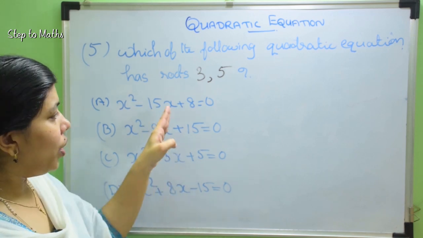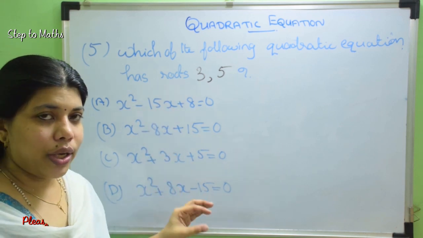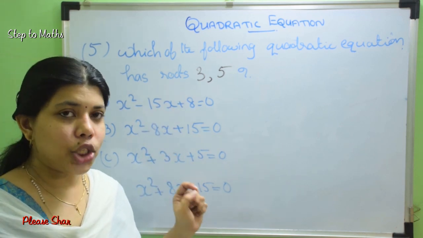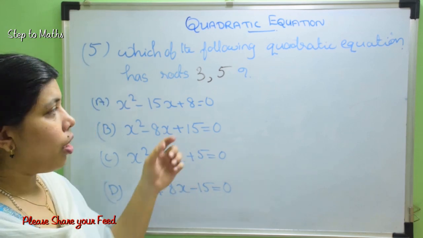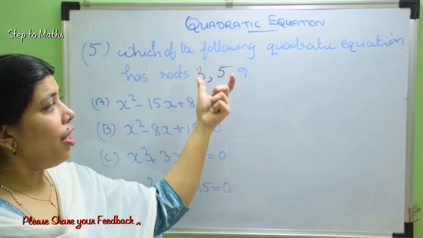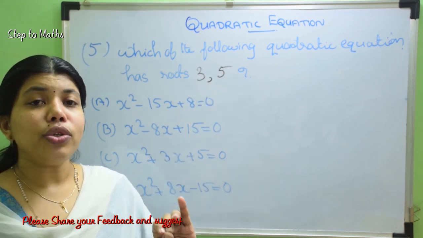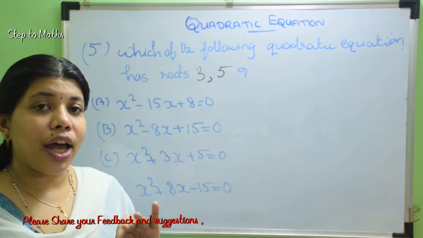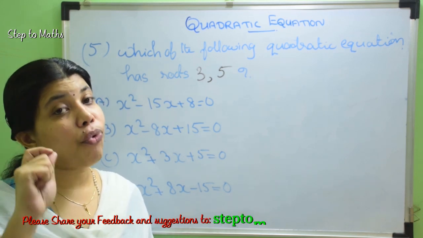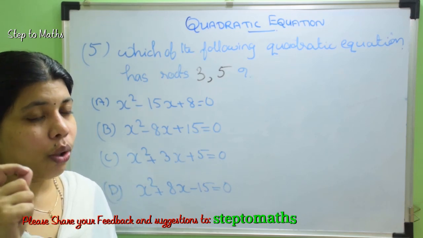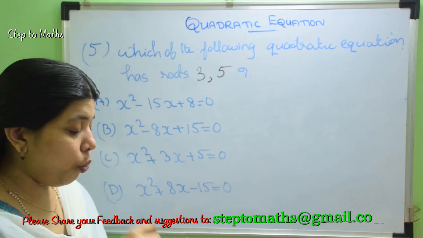If we try to solve each quadratic equation, we get its roots, but it's time consuming. But we know that if the roots of a quadratic equation are given, using those roots we can form its corresponding quadratic equation. How?